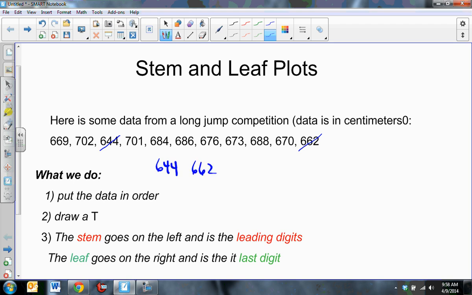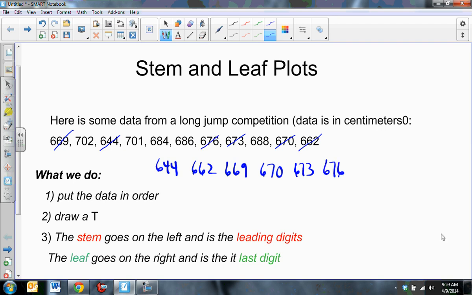And then we have 669. So sometimes this takes a few minutes just to get the data in order. And then it looks like 670. And then 673, looks like. And then 676.